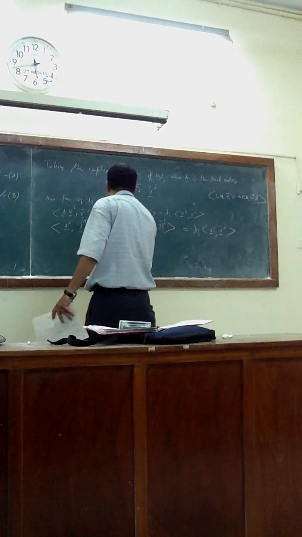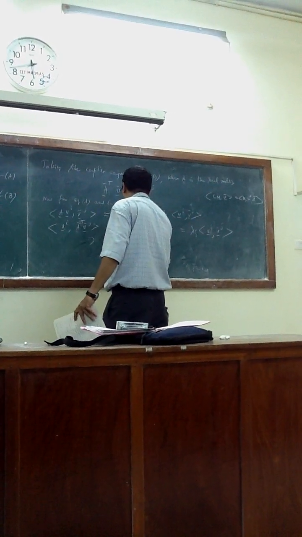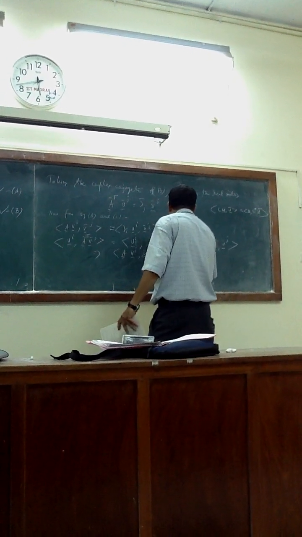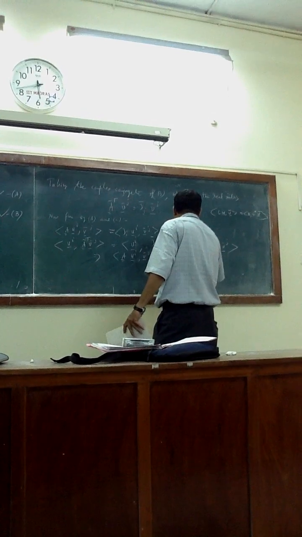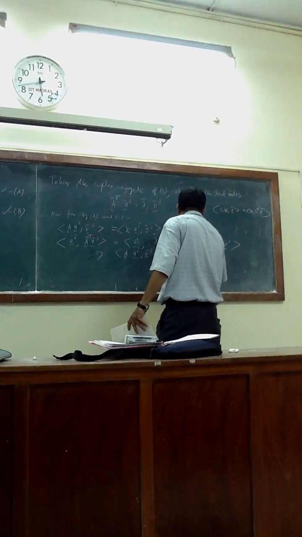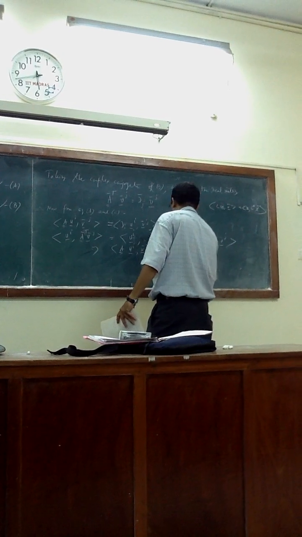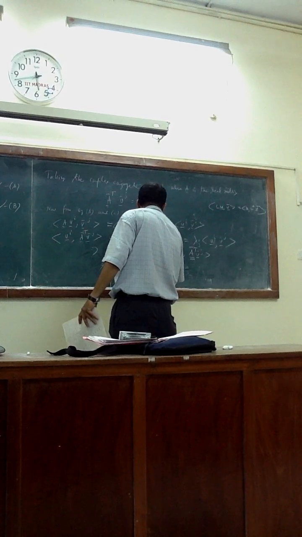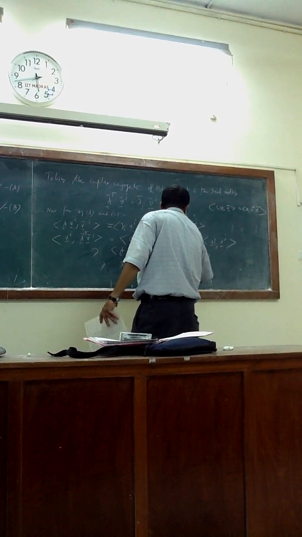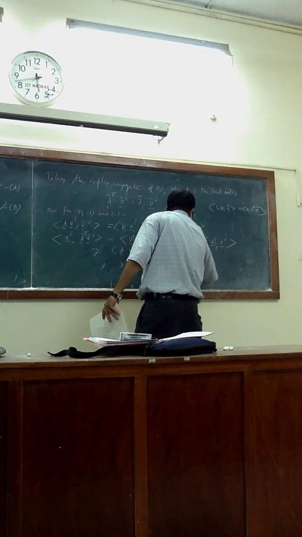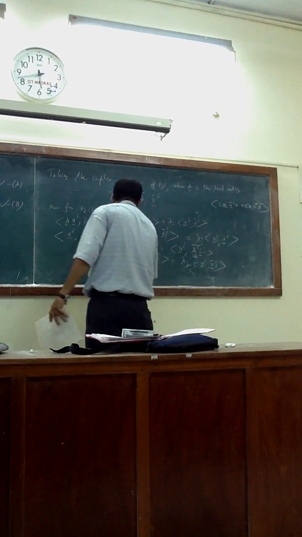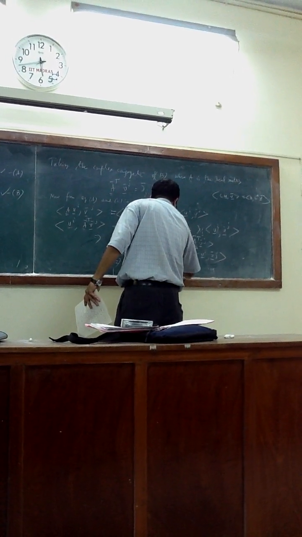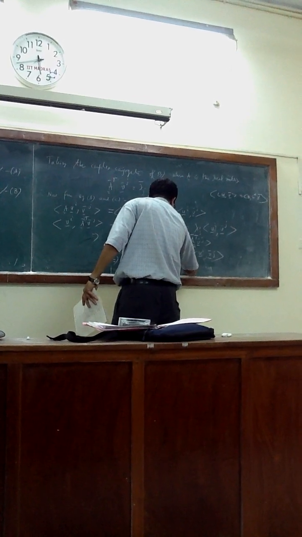Our equality sign is from the adjoint: the inner product of Ui and Vj bar is the inner product of Ui with A bar transpose Vj bar. So from here we got lambda i times Ui Vj bar equals lambda j times Ui Vj bar, and we have lambda i minus lambda j times the inner product of Ui and Vj bar.